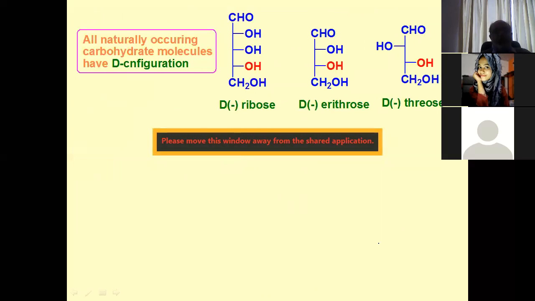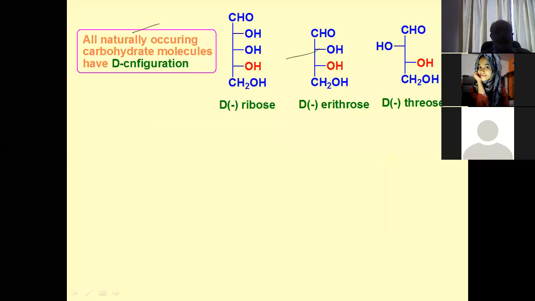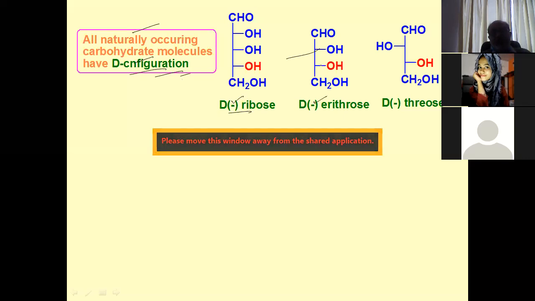Now all naturally occurring carbohydrate molecules have D configuration. So this is D ribose, but it is D minus ribose. Now you understand why this minus. D minus erythrose, this is the erythrose structure, another carbohydrate. And this is D minus threose.